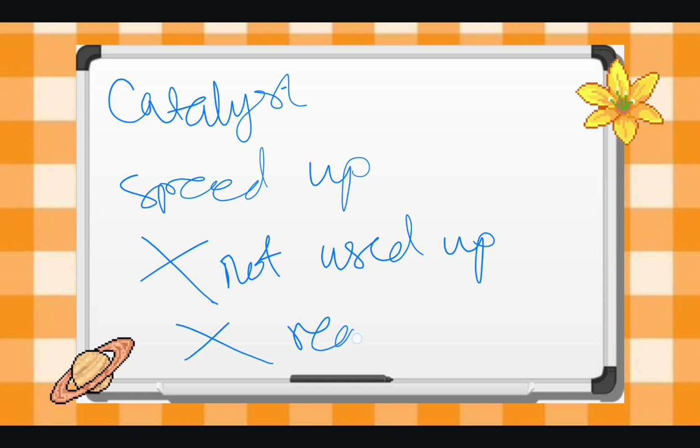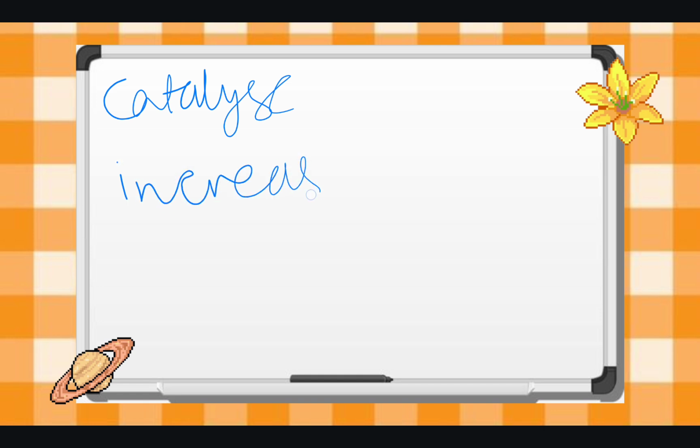It doesn't change how much product is formed. It doesn't change what product is formed. It just speeds it up. So now that we know the purpose of a catalyst, which is to speed up a reaction, naturally that means that it's going to increase the rate of a reaction when you use a catalyst.